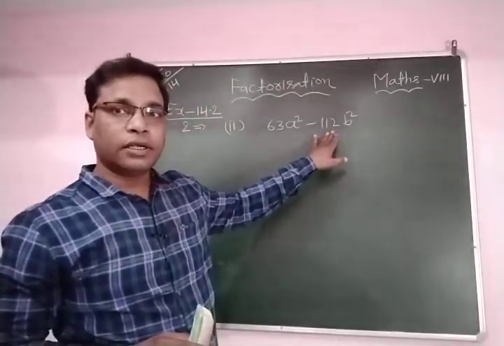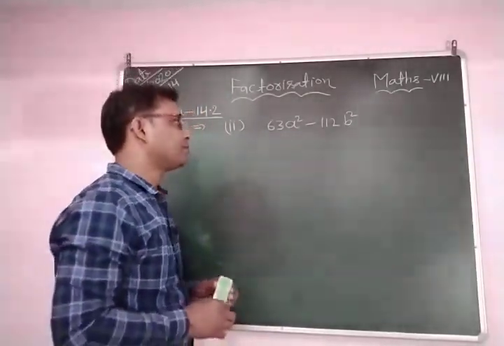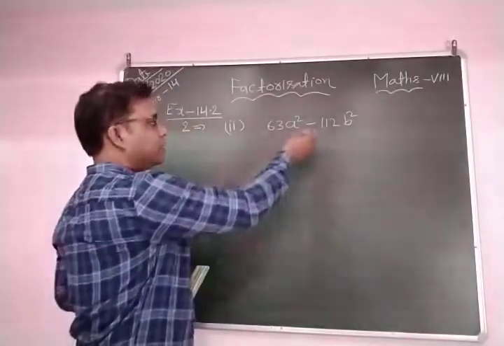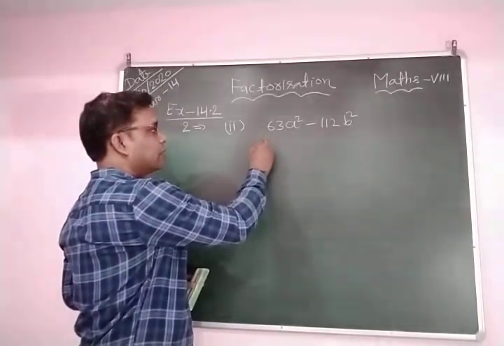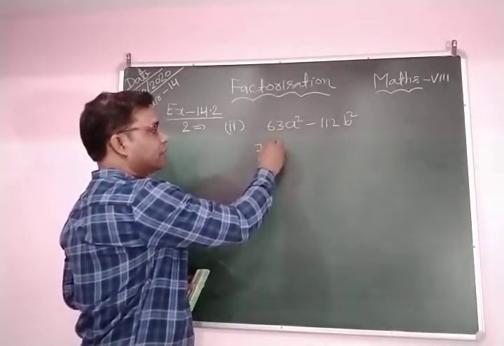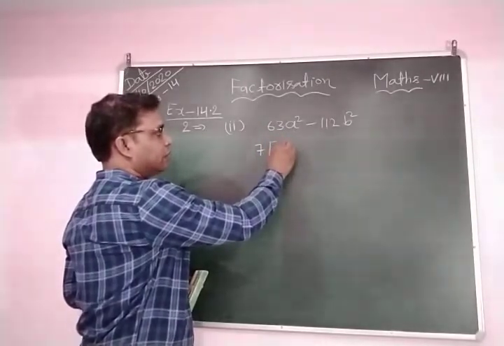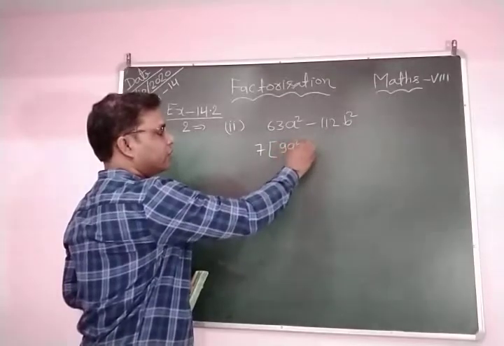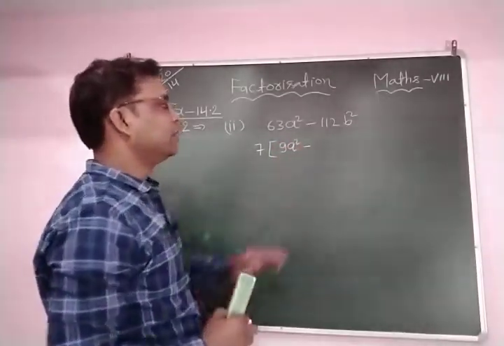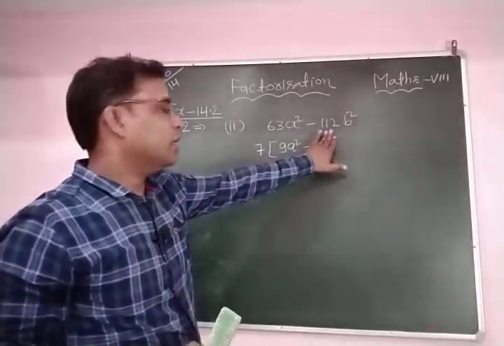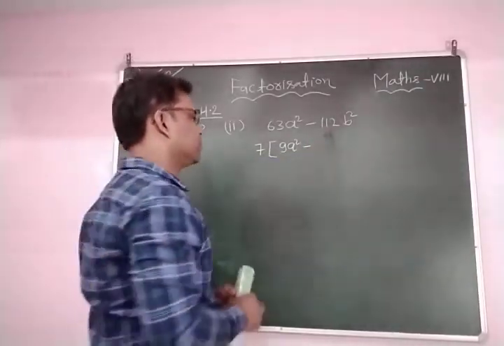Clear? Now you take common 7 from here, so we have 9a square, and if you take common 7 from 112, it should become 16.